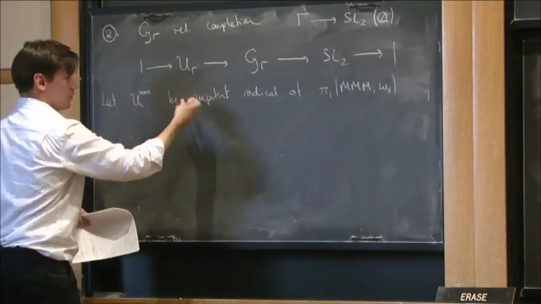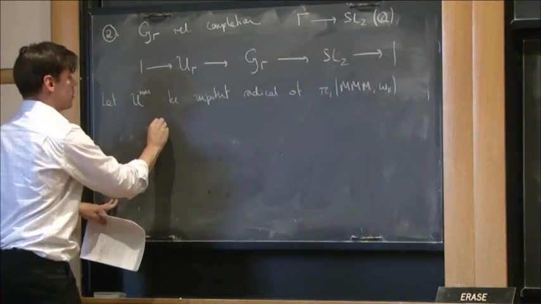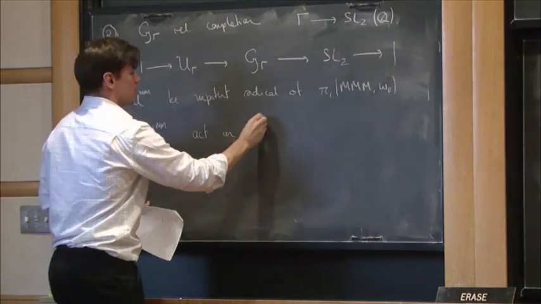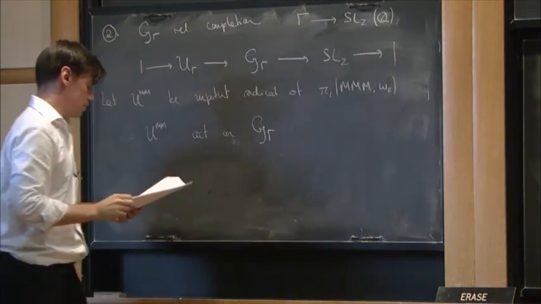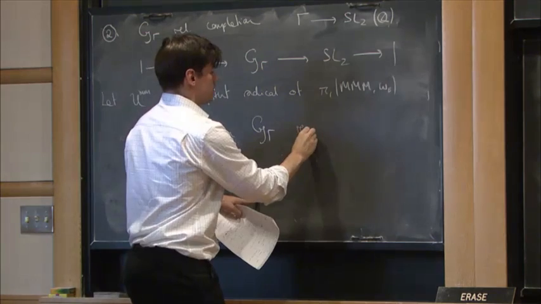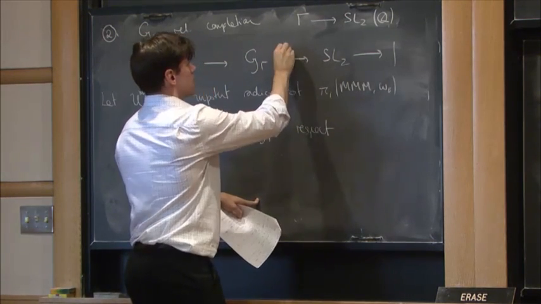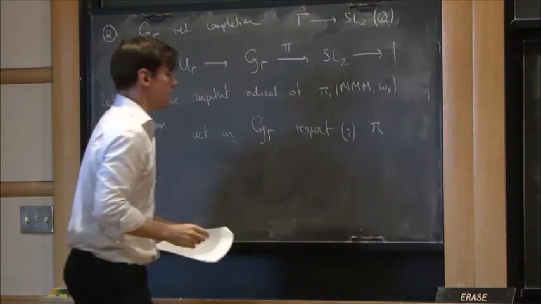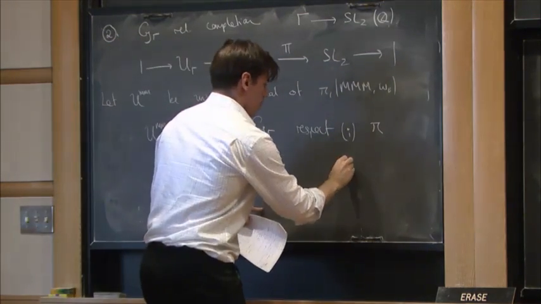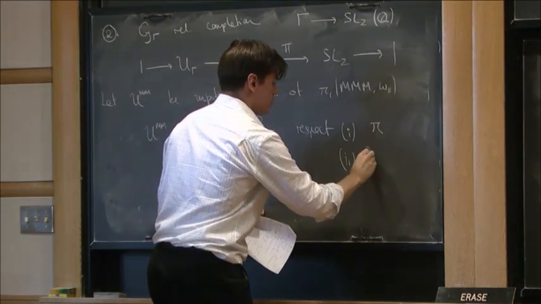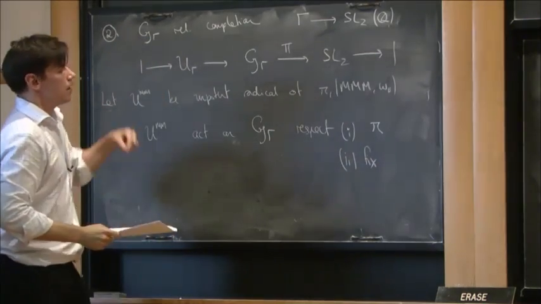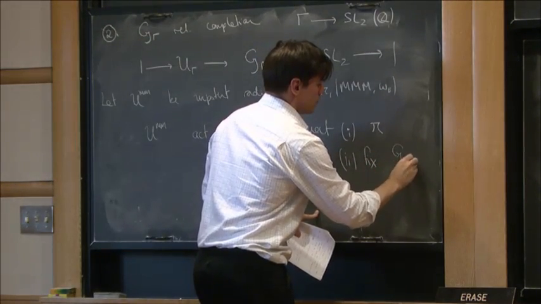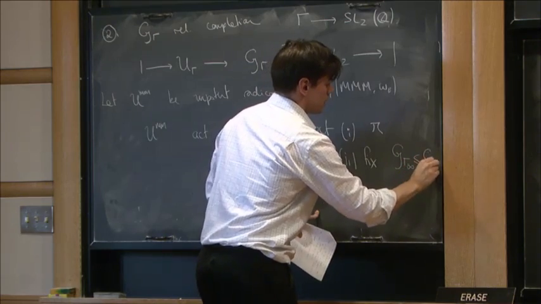So what should happen if such a category existed? Then U_MMM will act on this relative completion, and it will respect the map to SL2, and it will also fix, so this is a very stupid condition, the image of the relative completion of G_gamma_infinity in gamma.